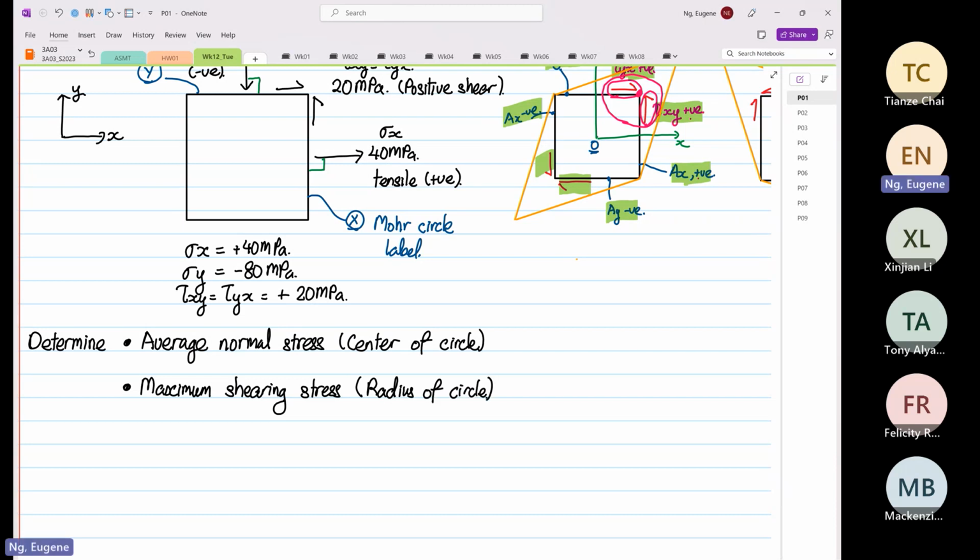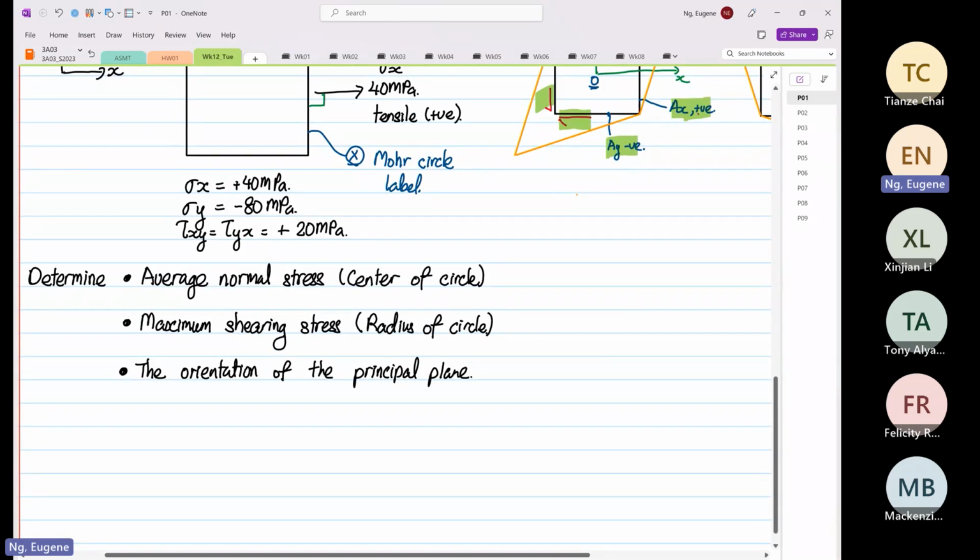And then we want to find the orientation of the principal plane, and I'll explain what they are. Okay, now all these terms that may not seem familiar to you.